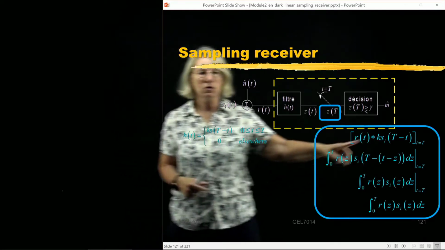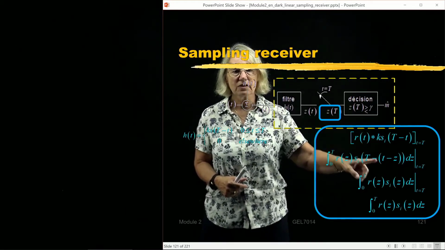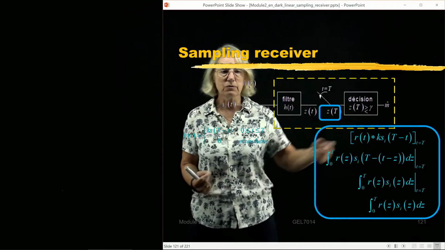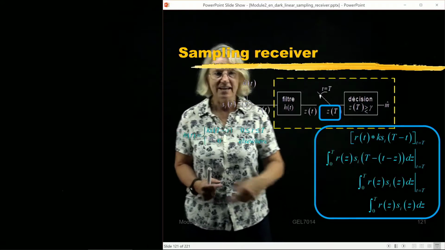Because of the correlation, instead of just being capital T minus t, we should replace t with T minus z as part of this integral over dz.